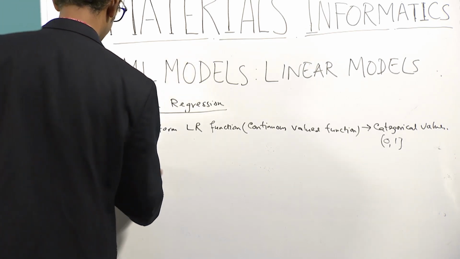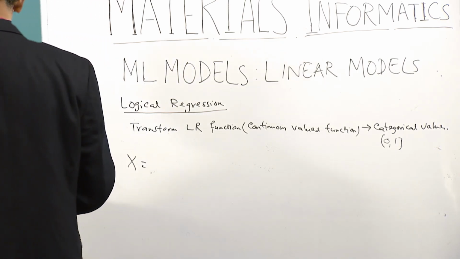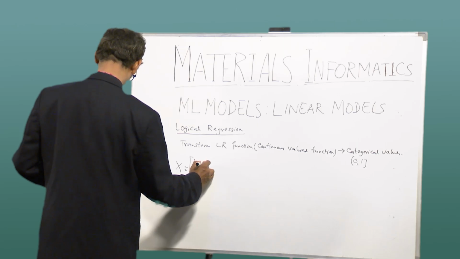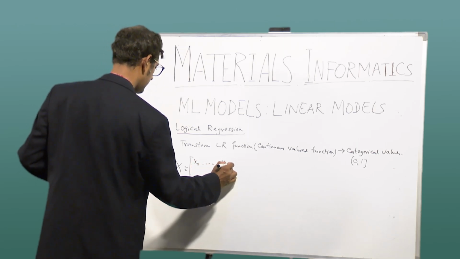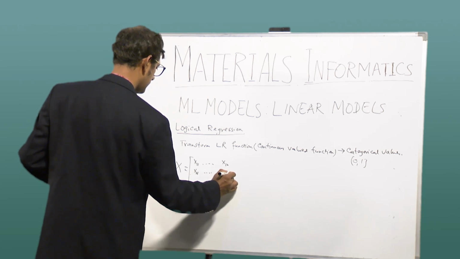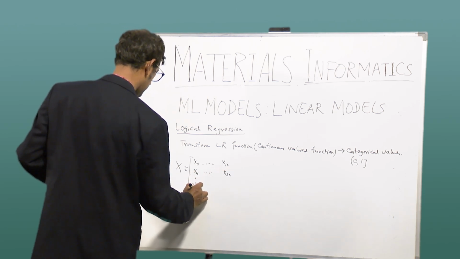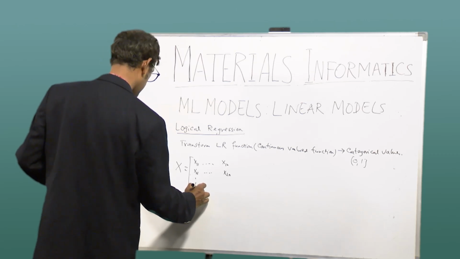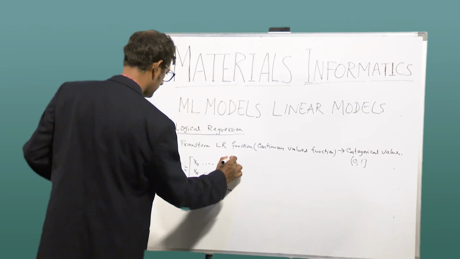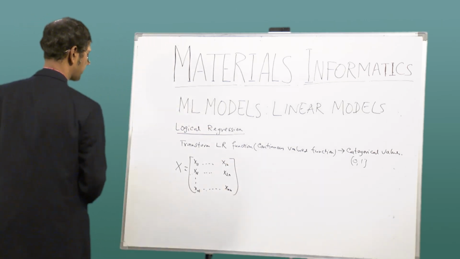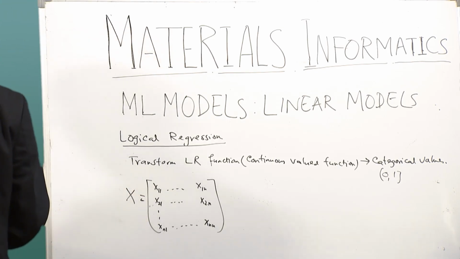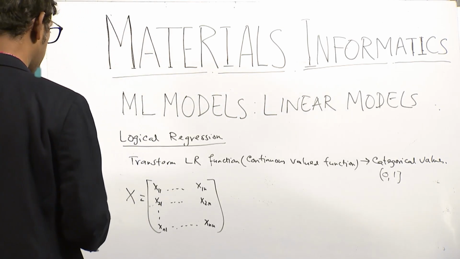Suppose you have such a kind of input features. This is a matrix form, right, input features x, input variables, and dependent variables y having binary values.